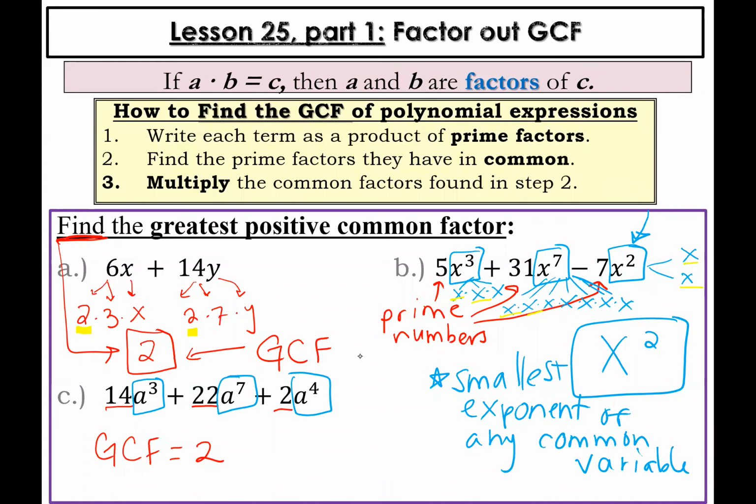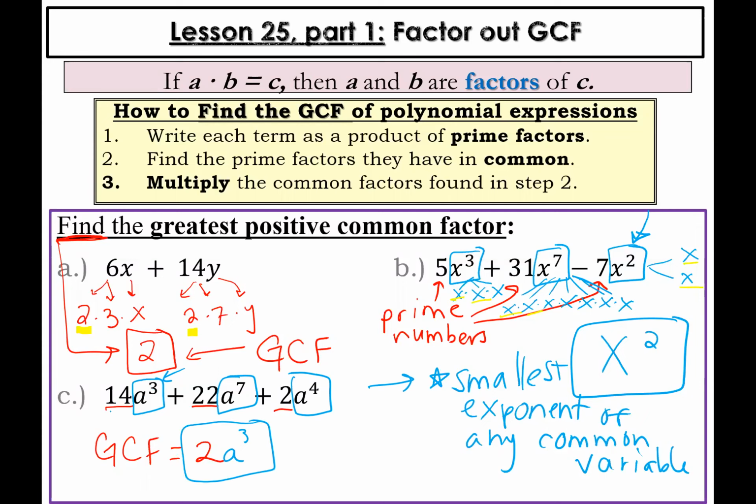Just like in the last problem, we need to pay attention to the smallest exponent. Between these 3 terms, the smallest exponent is this 3, this a to the third. So we multiply it right here with the 2. We're just writing it next to the 2. It doesn't really feel like multiplication, but that's what it is. So our greatest common factor is not just 2, but 2a to the third.